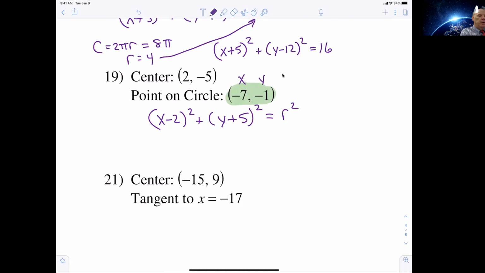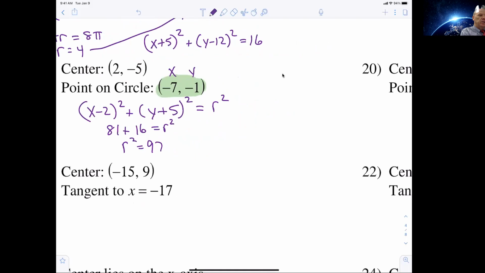Squared is what? 81 plus, plug in -1, what do I get? 16 equals r squared. So I know that r squared is equal to 97. So over here, I just grab the r squared, move it out of the way, and just put what? 97.